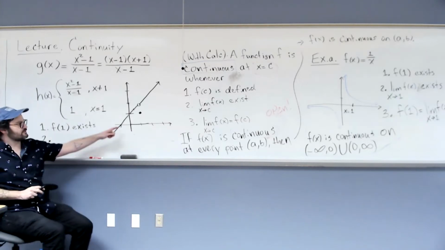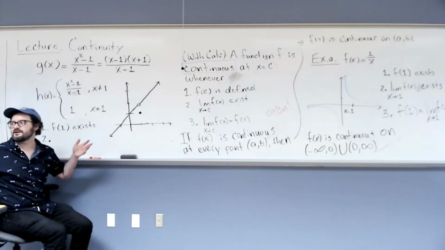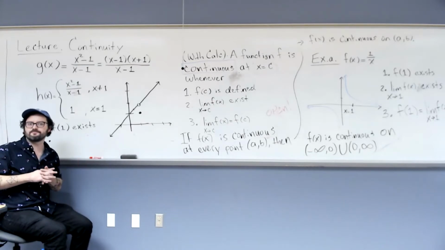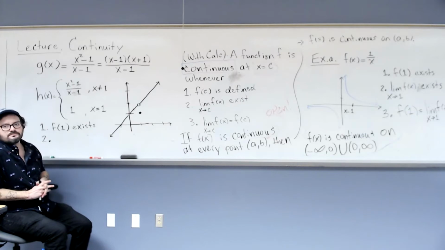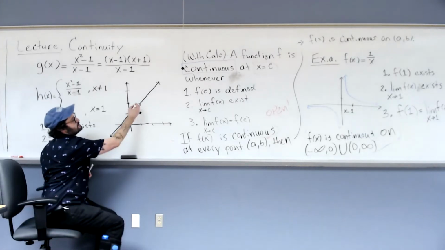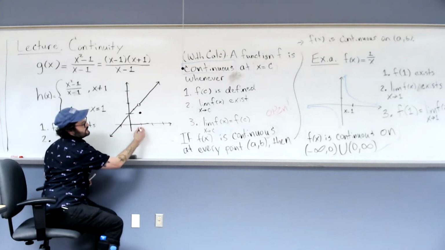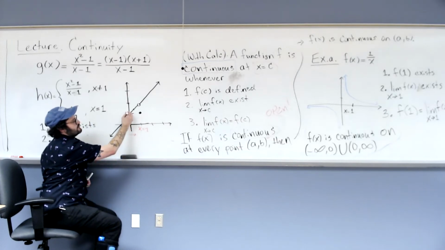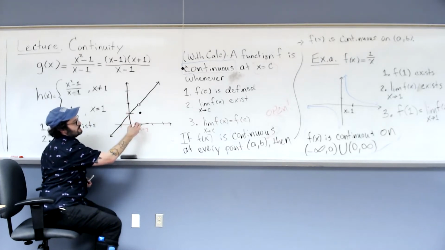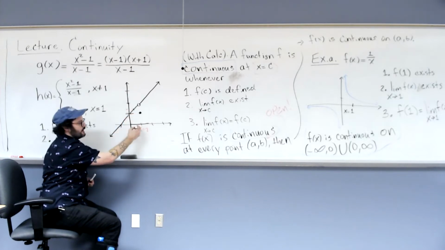And then for part 2, what about the limit as x approaches 1? So what's the limit as x approaches 1 of this function? On the left-hand and right-hand sides, where's the function heading? So as we're heading this way, right? This is x equal to 1. So like at 0, we're right here. At a half, we're right here.